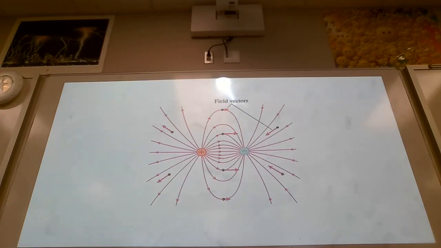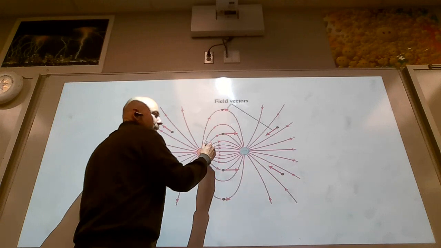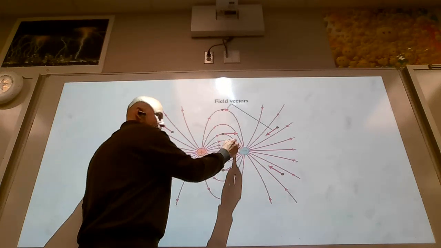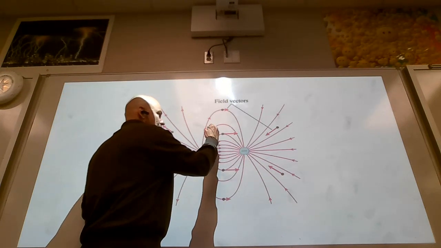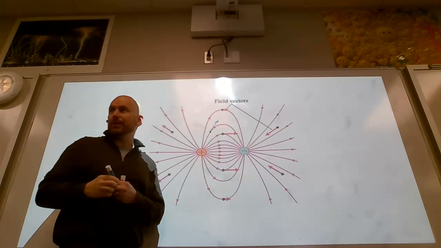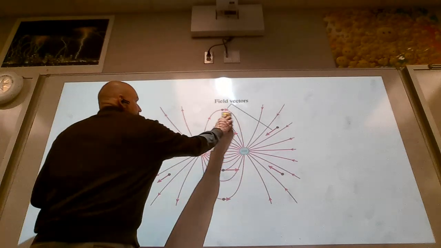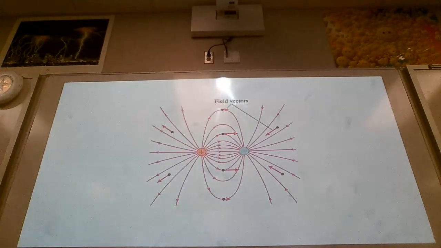Okay. So here, the electric field at this location is going to be that way, tangent to that curve. Here, it's going to be that way, tangent to the electric field lines.